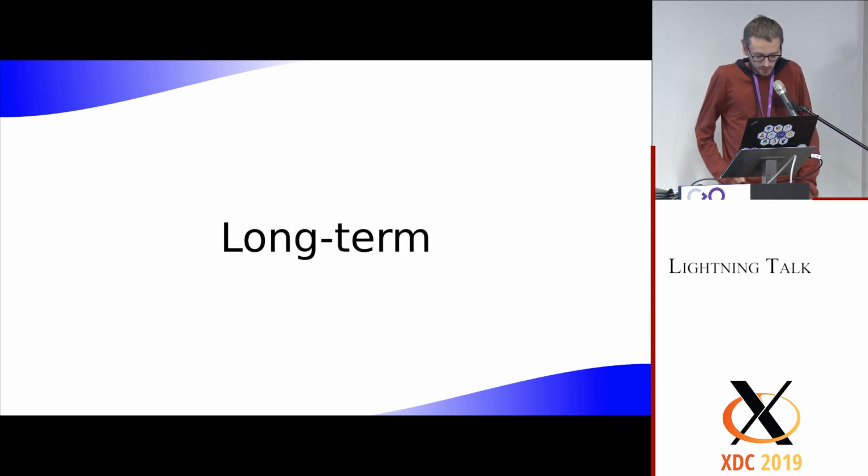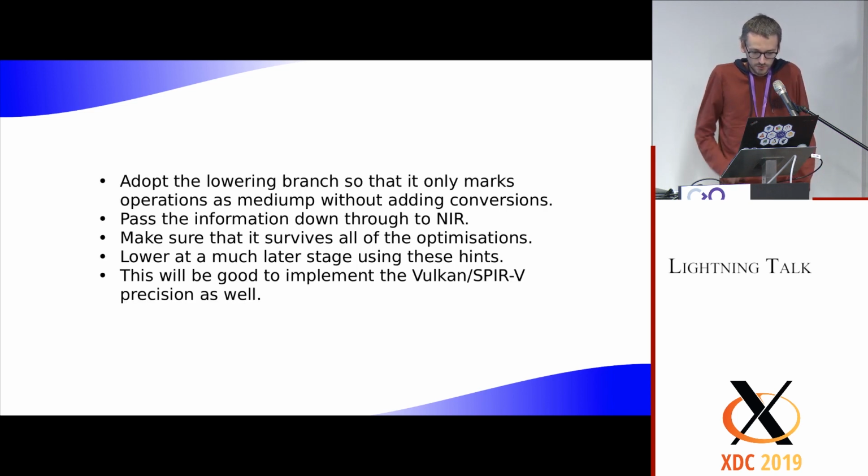In the long term, we want a more complete solution, so that instead of the lowering pass adding conversion operations all over the place, it would put a marker on all of the operations to say that this operation can be done in mediump. The lowering pass becomes an analysis pass that marks any possible opcodes as being able to be done in a lower precision.